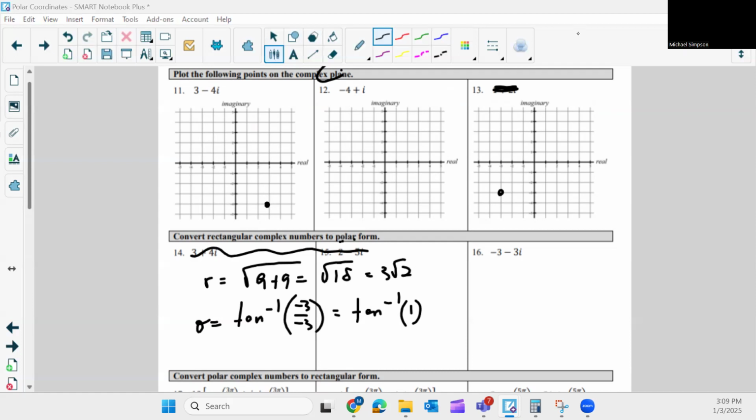I'm just trying to figure it out in my head, but it's not working out. Okay, yeah. So it gives you 0.785. But I'm going to go to another decimal. Let's go to 3. Okay.